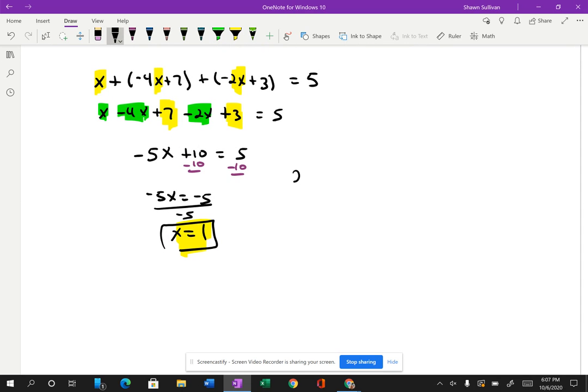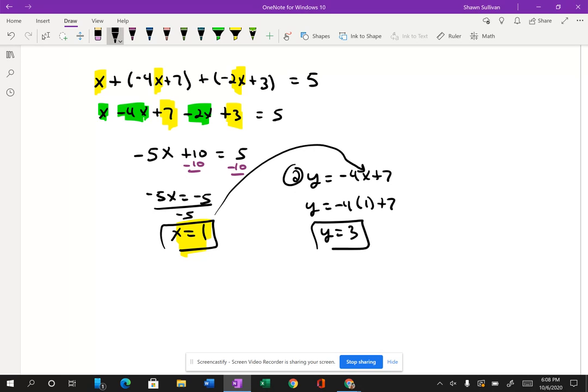We know that equation 2, we wrote as y is equal to negative 4x plus 7. Plugging that in for x, we get y equals negative 4 times 1 plus 7. Cleaning this up a little bit, what we end up with is y is equal to 3.